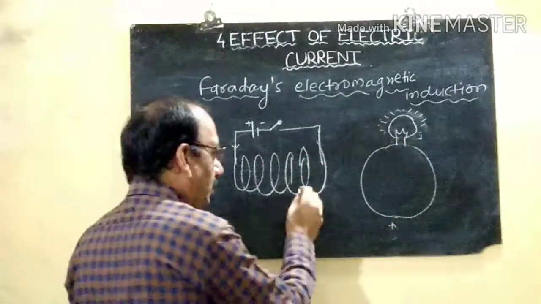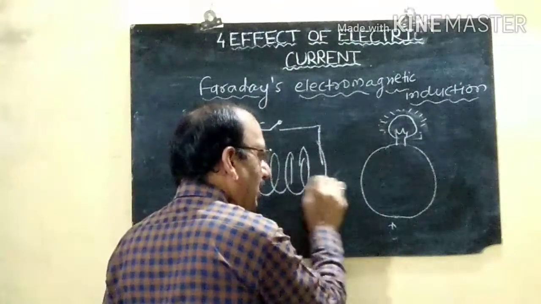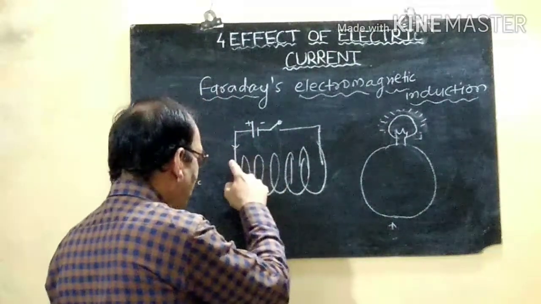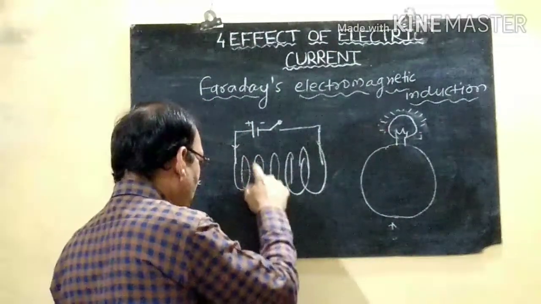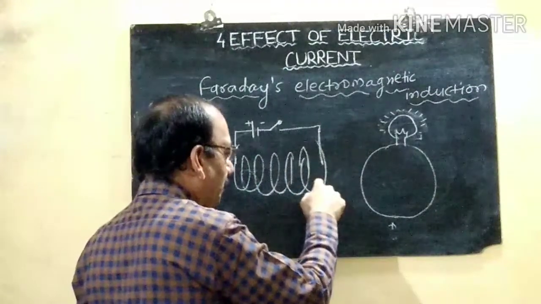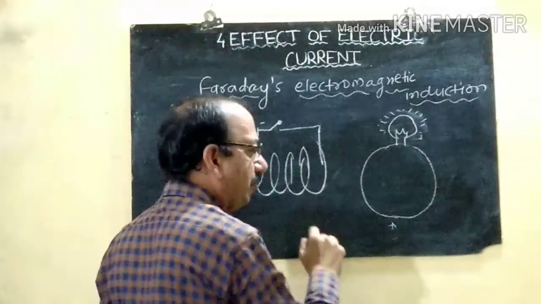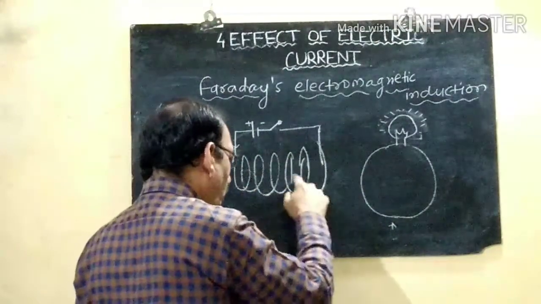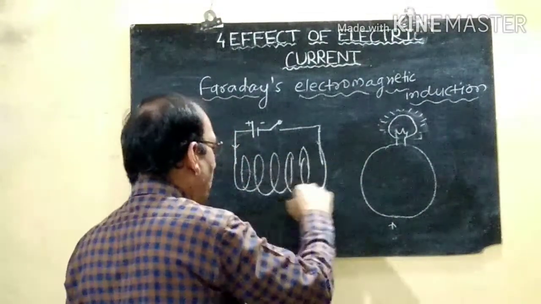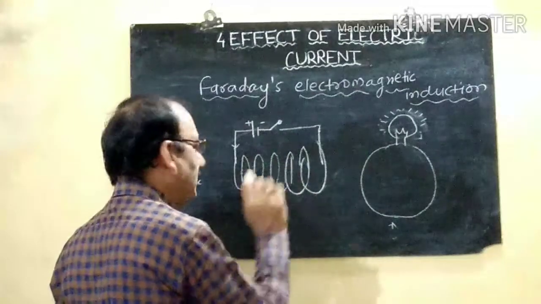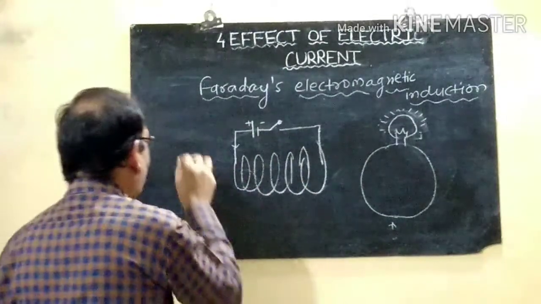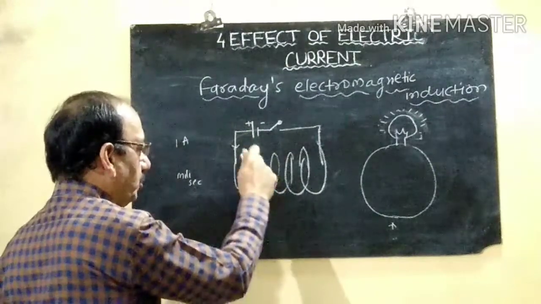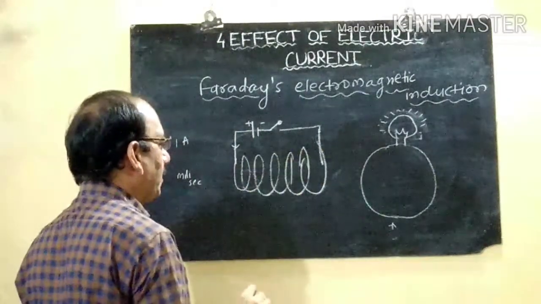Then the magnetic lines of force are created here. When current starts passing through this solenoid coil, the intensity of the magnetic field increases. When the current has passed through the whole solenoid coil, the current remains the same. Suppose 1 ampere of current flows through this solenoid coil.